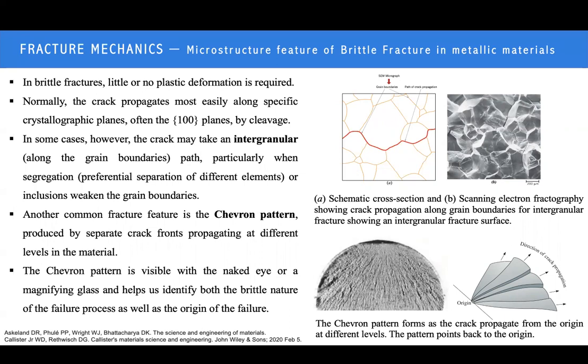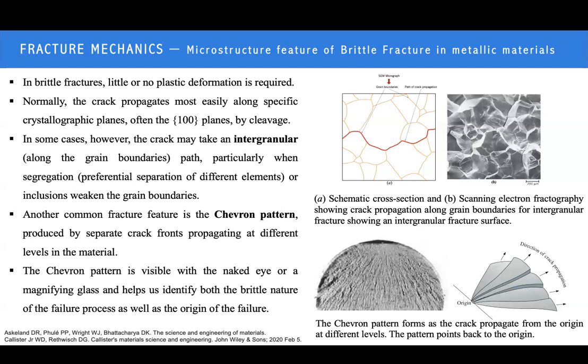In some cases, the crack may occur by an intergranular path. This intergranular path is caused by segregations or maybe inclusions at the grain boundary. As you can see in the figure, the crack is along the grain boundary, so this is called the intergranular crack.